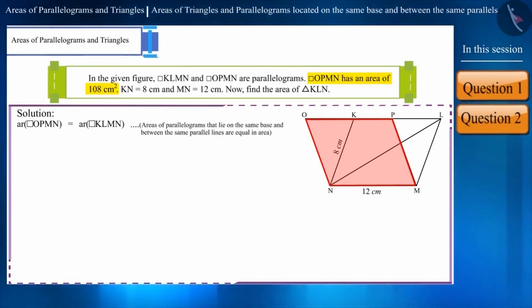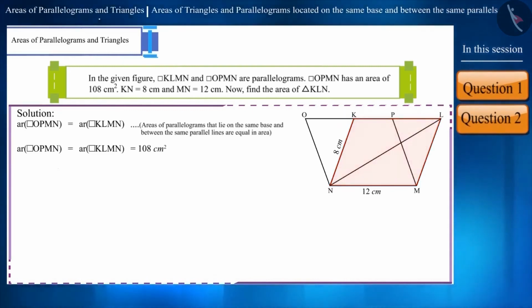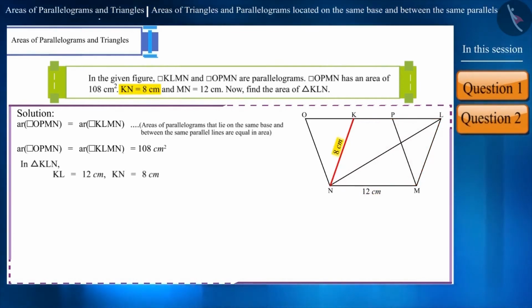This is given to us. Therefore, the area of parallelogram KLMN will also be 108 square centimeter. In triangle KLN, side KL measures 12 centimeter because its opposite side MN measures 12 centimeter in parallelogram KLMN. We have been given the measurement of side KN as 8 centimeter.